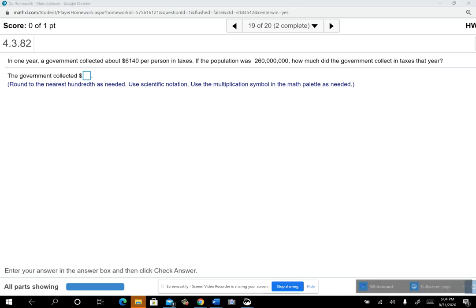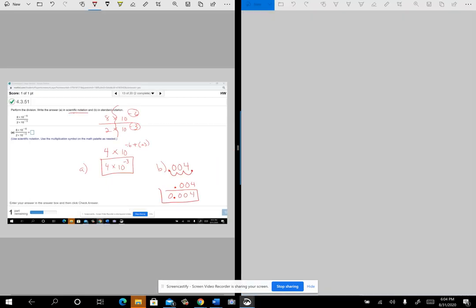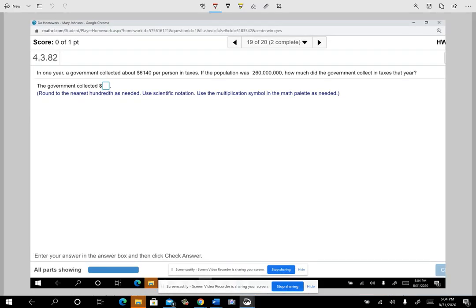All right, so on 19, it's telling you how much on average they collect from people. So the government collected about $6,140 per person, and there were 260 million people. And so you ultimately want to use scientific notation at the end.